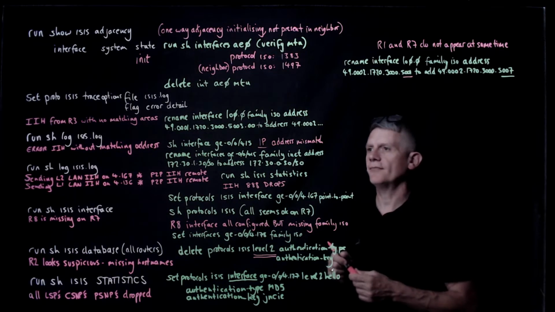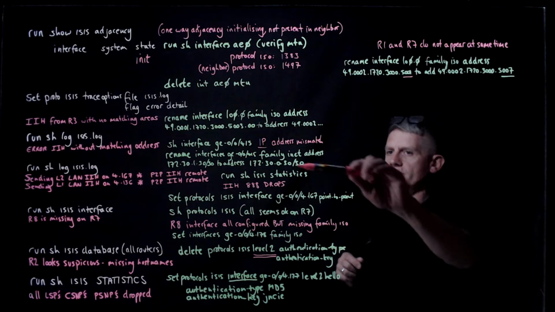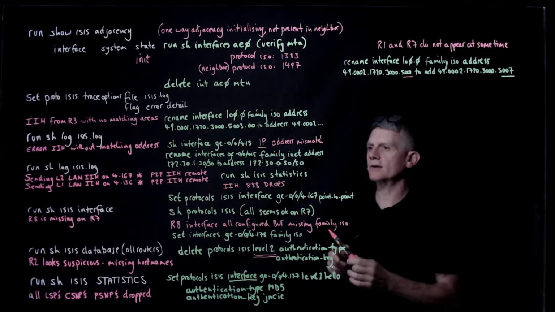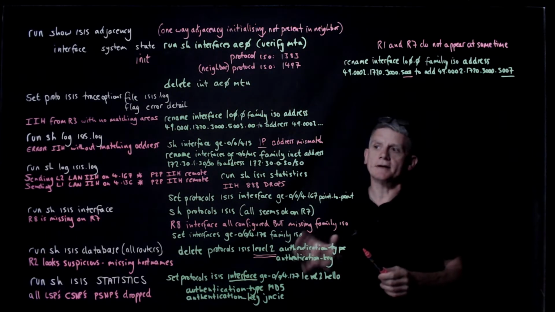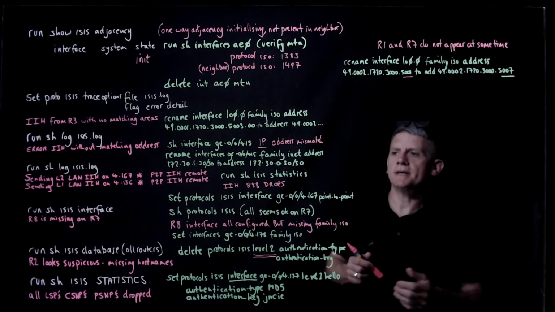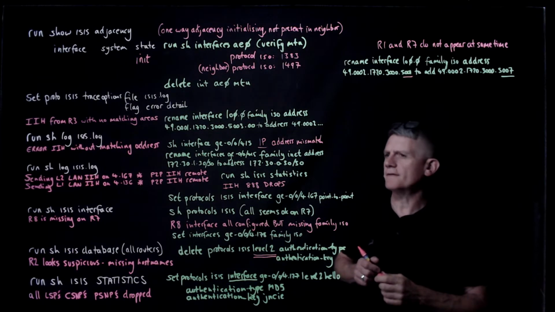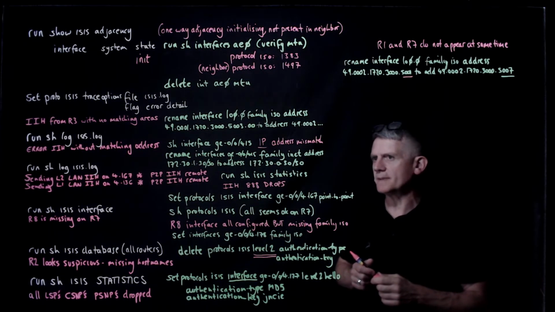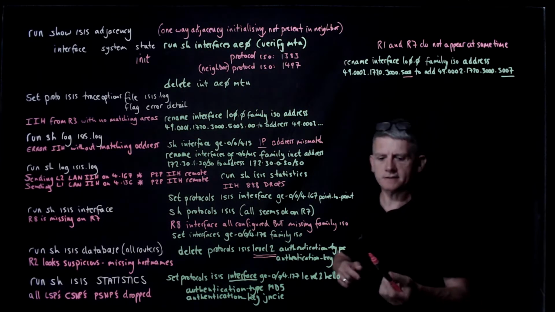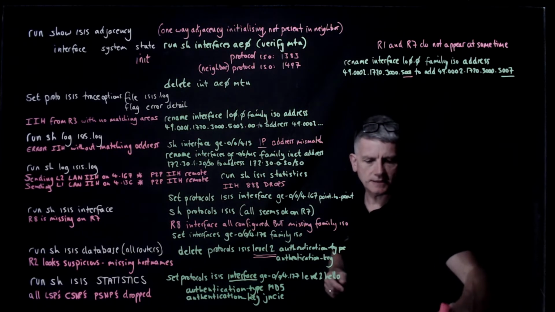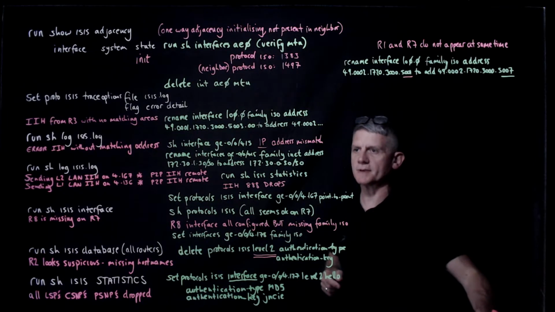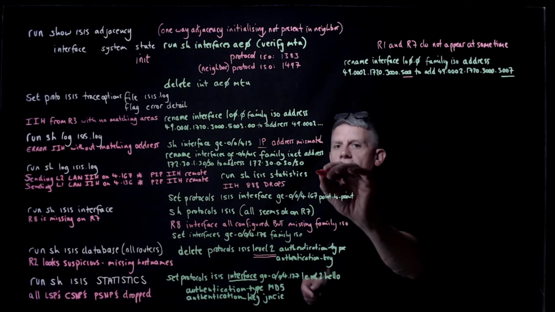Very good. Here we can see in the log that we have a LAN IIH on one side and a P2P on the other. In fact, I think it's actually PPT is the correct text there. I've called it P2P, but I'm pretty sure that's PPT.